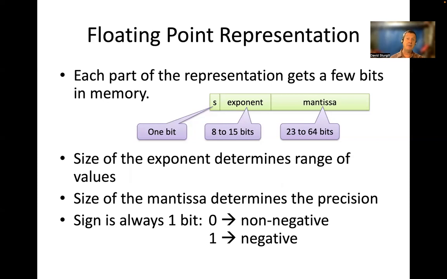There's an exponent that stores the magnitude of the number, like we said, and that ranges between 8 and 15 bits depending on the floating point type. And there's a mantissa between 23 and 64 bits, again depending on the type. C has 3 different sizes of floating point types, so the ranges I'm giving there reflect the different types you might use.